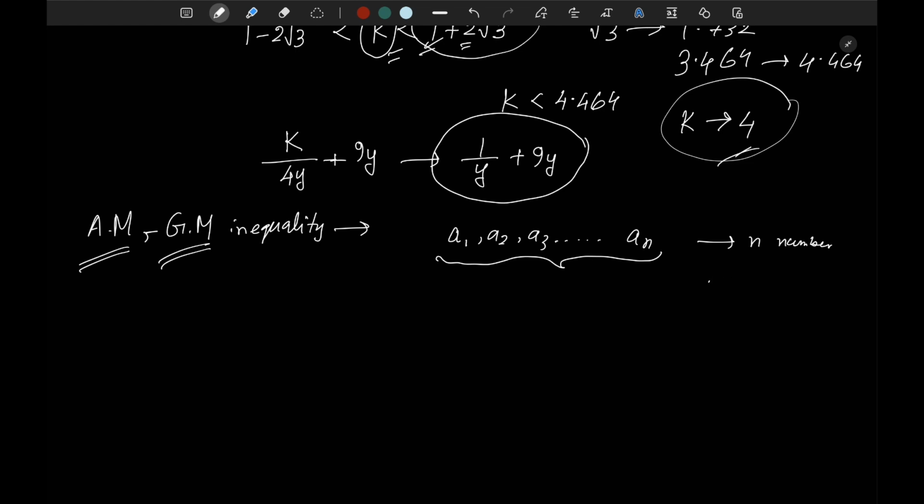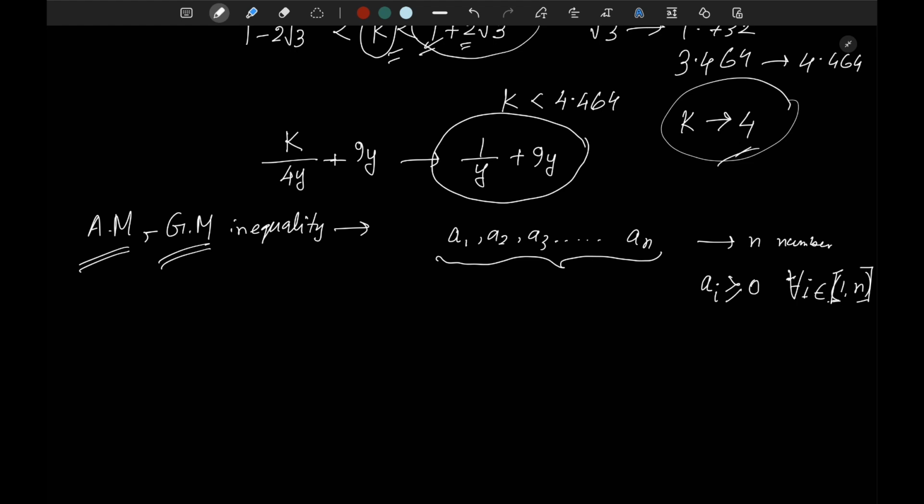That means ai is greater than or equal to 0 for all values of i in the range of 1 to n.